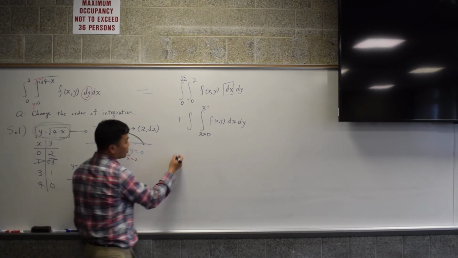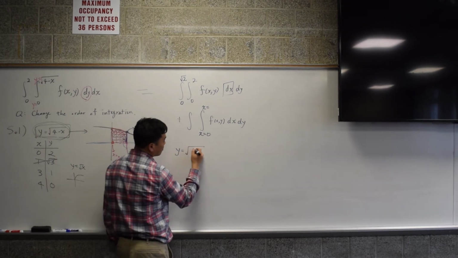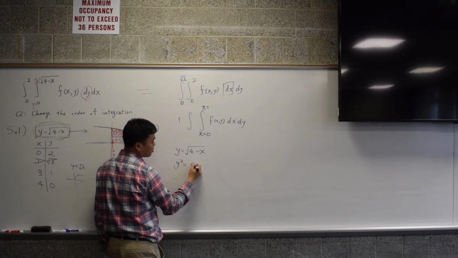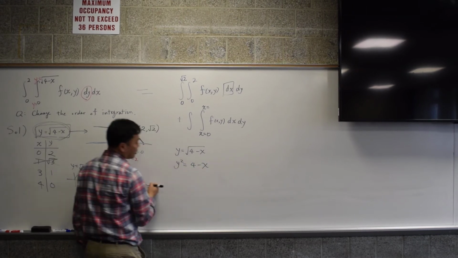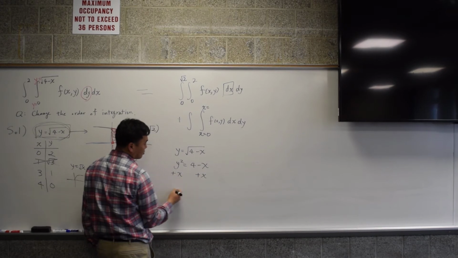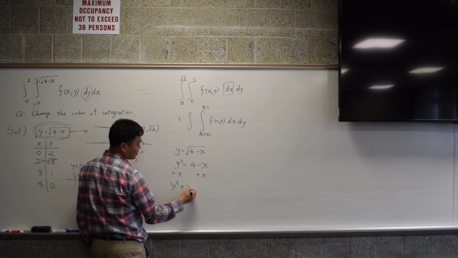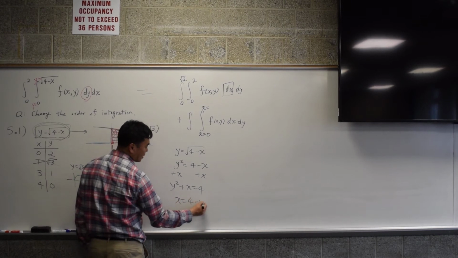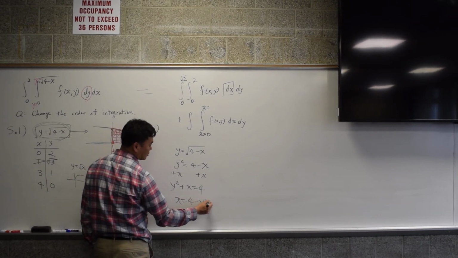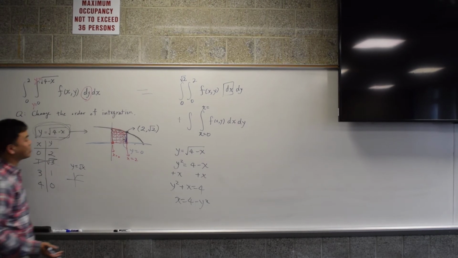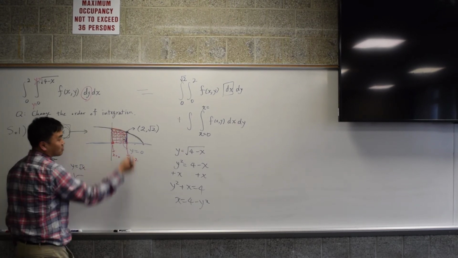So I have y equal to square root of 4 minus x. Square both sides, you get y squared equal to 4 minus x. And then add x to both sides to get y squared plus x equal to 4. And finally, x is equal to 4 minus y squared by subtracting y squared from both sides. And therefore, I figured out that x equal to 4 minus y squared describes this curve.